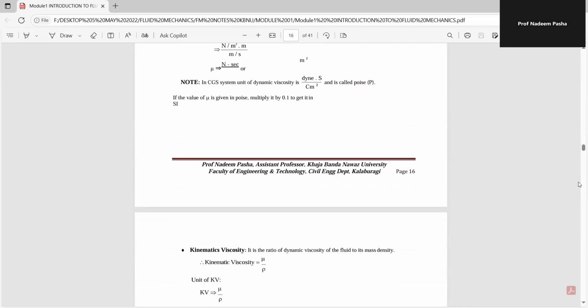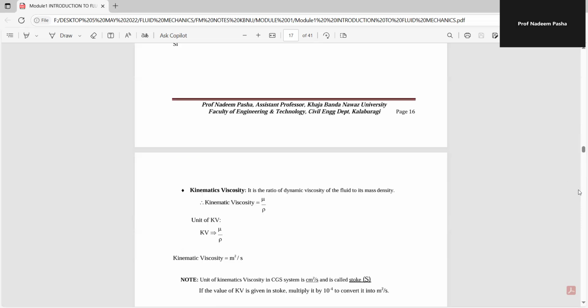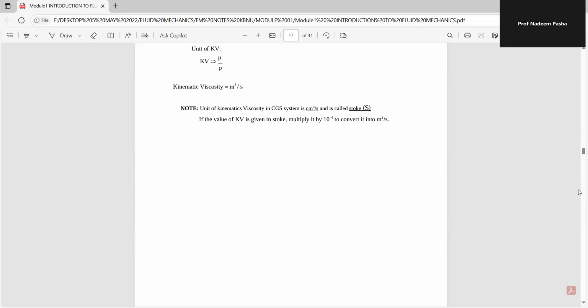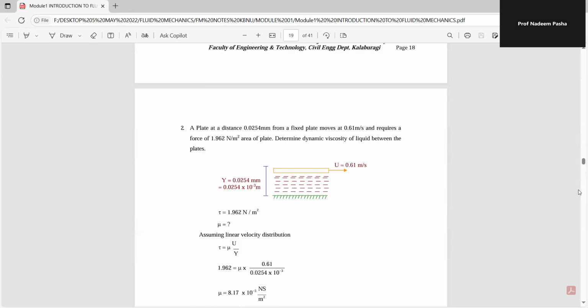Its unit is Poise and Newton second per meter square. Next is kinematic viscosity. It is the ratio of dynamic viscosity of the fluid to the density of the fluid. Its unit is meter square per second. Then we solved some numericals on viscosity.